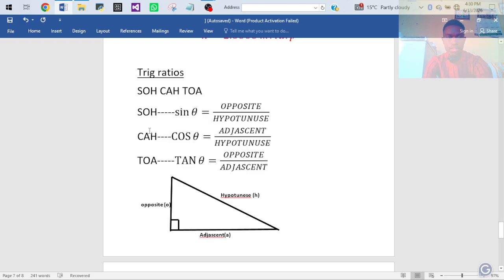For cos theta, it is adjacent over hypotenuse. So if here we have 2 and here 5, cos theta will be 2 over 5. Just substitute the value of the adjacent and the value of the hypotenuse.